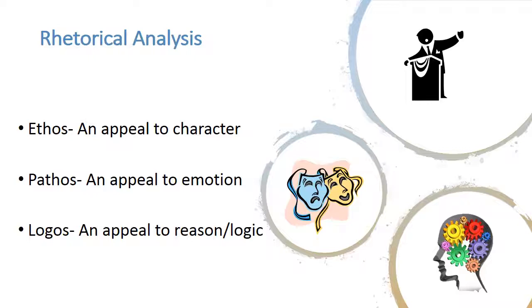Ethos is going to be an appeal to character or to credibility. So ethos is really what you look at to determine why somebody will believe the speaker in the piece, or what about the person presenting that piece makes you believe in them.